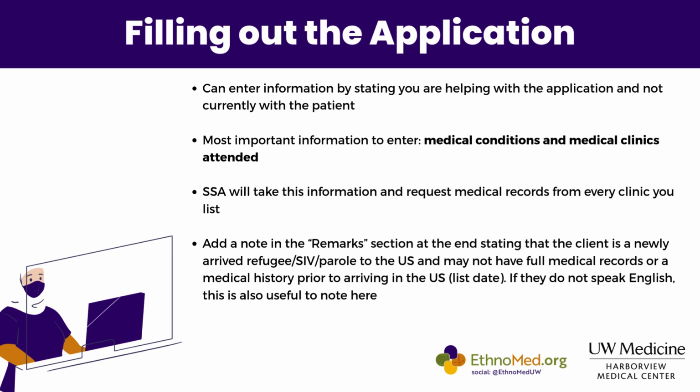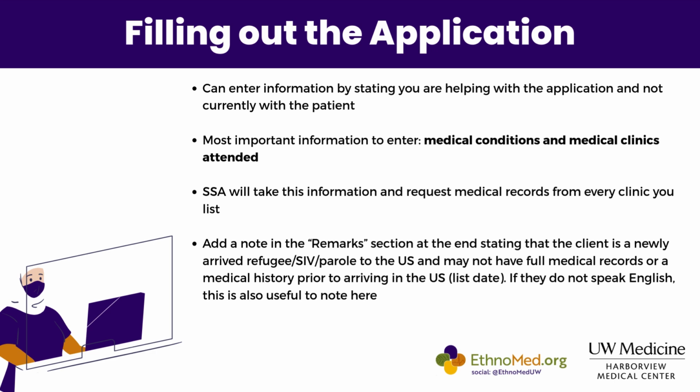Another note is using the notes section at the very end of the application can really be to your benefit. I would encourage you to always make a note that says something about your client being a new arrival to the US. You can list their immigration status and making a point to note that they might not have full medical records or a full medical history, especially prior to their arrival in the US.